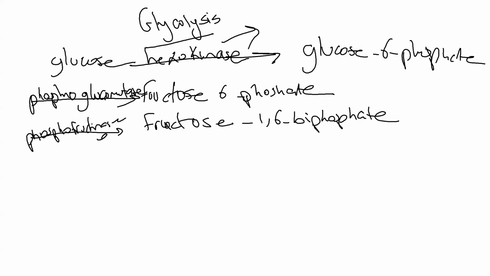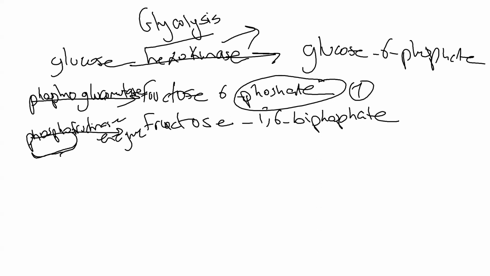It already had a phosphate here. If you see, it already had one phosphate. We added another phosphate group, and here we have the second phosphate. It added another phosphate, so it became biphosphate, two phosphates.